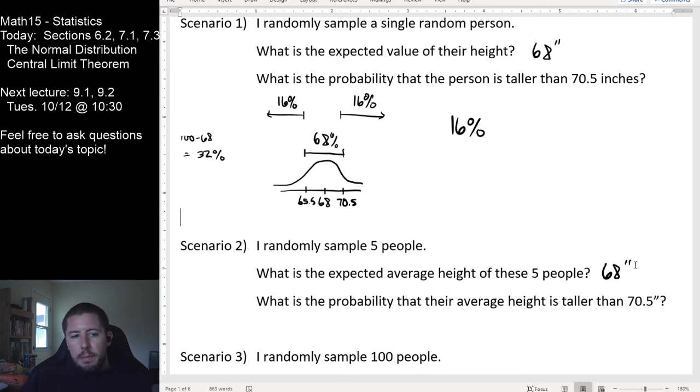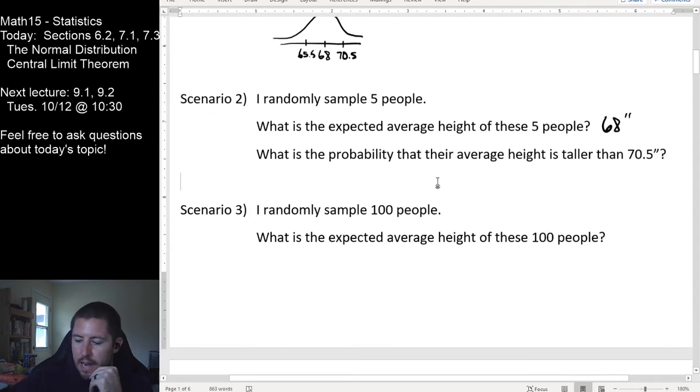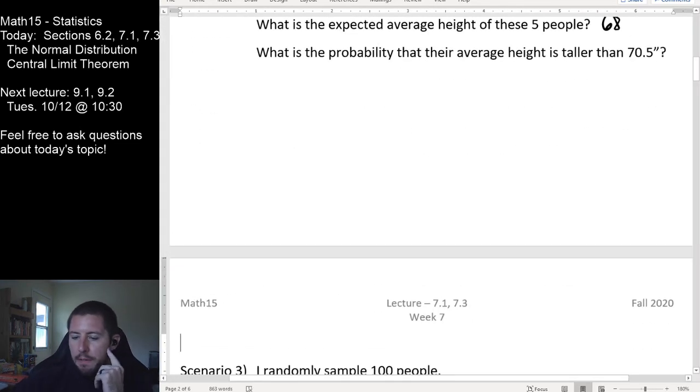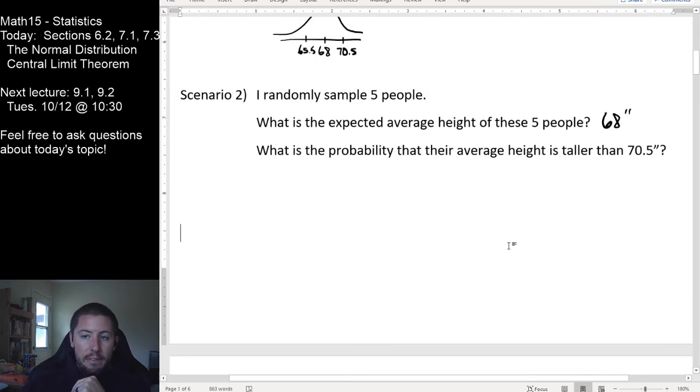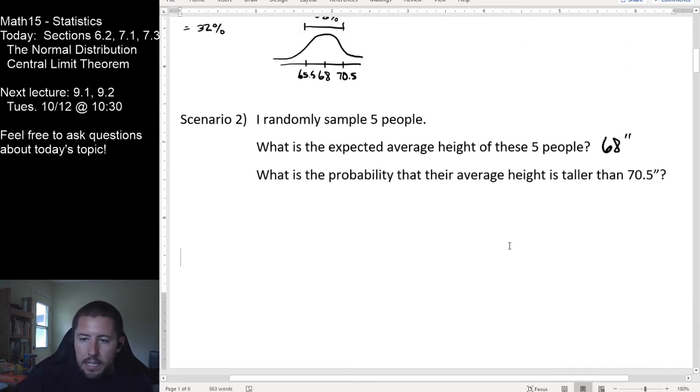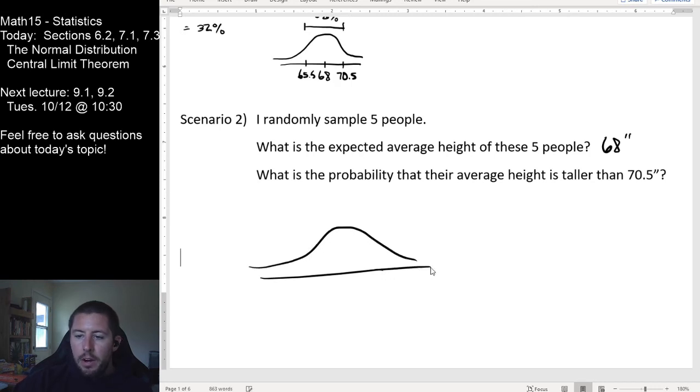But this next question is going to be a bit different. What is the probability that their average height is taller than 70.5 inches? What is the probability that 5 people have an average height of more than 2.5 inches above average? Well, that seems a little bit weird to me, because now I'm picturing, if I'm going to sample 5 people and find their average height to be at least 2.5 inches above normal, then what I'm picturing on my normal curve is, there's my 70.5.